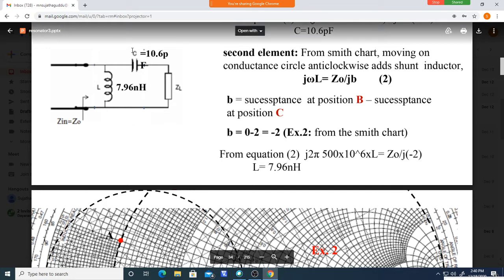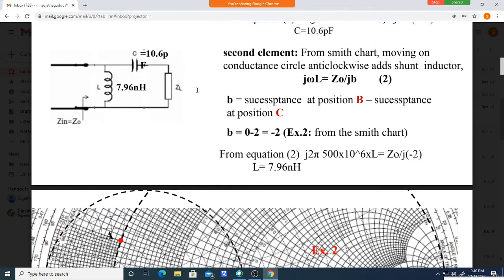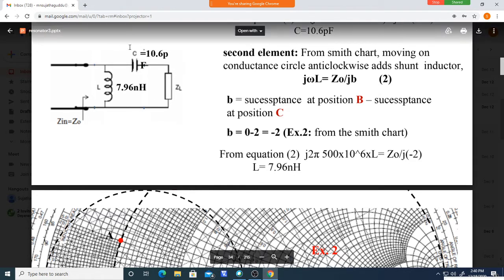Now by adding like this, if you measure the impedance between these two terminals, it will become 50 ohm, or normalized equal to 1. Without this it is ZL, 10 plus 10J. If you do not put this and measure the impedance here, you will measure the load, 10 plus 10J.